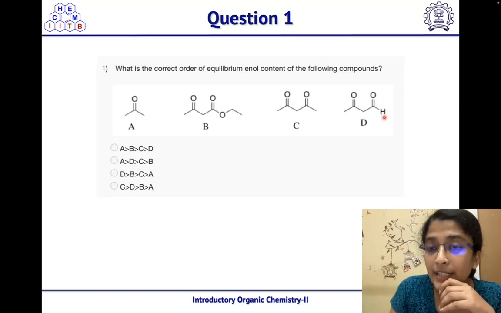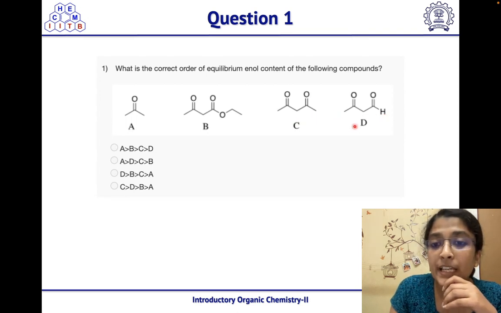Here there is hydrogen only, so the hyperconjugation effect won't matter. So out of C and D, C will have more enol content, and B is an ester. Esters are less stabilized compared to ketones and aldehydes. Enolates of esters are less stabilized compared to ketones and aldehydes.